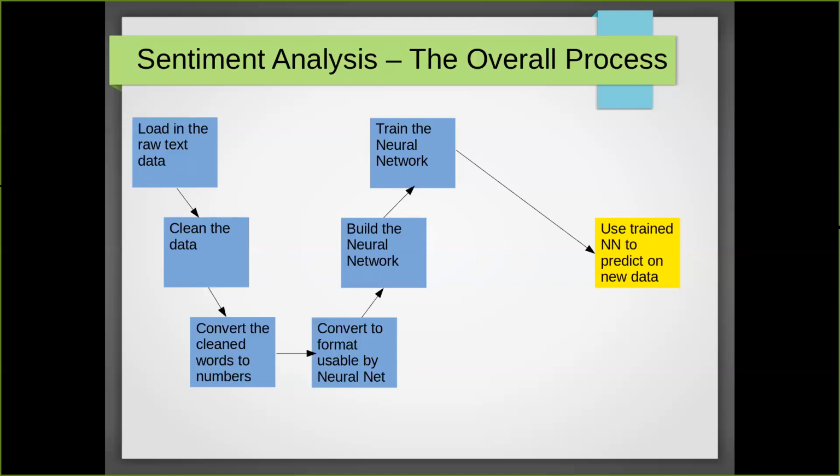Once we've converted it into numbers, we then convert it into a format usable by a neural network, which is basically, as we mentioned before, you put it into something called a tensor. I'm not going to go into detail about what a tensor is. If you want to suck up months of your life, you can. There are books written on what tensors are. It basically comes from physics. All you need to understand is it's the format that's needed for these kinds of neural networks.